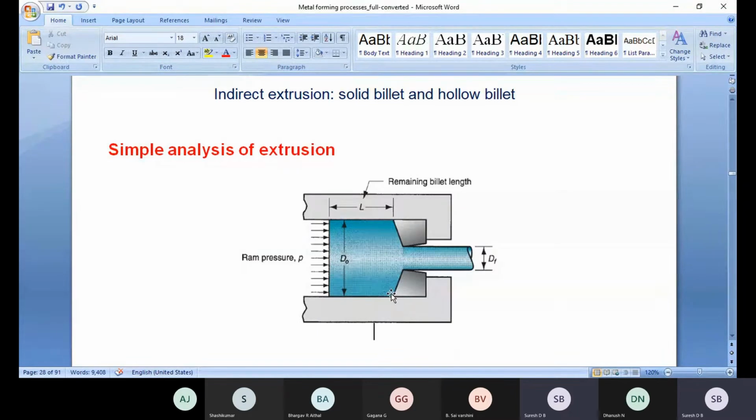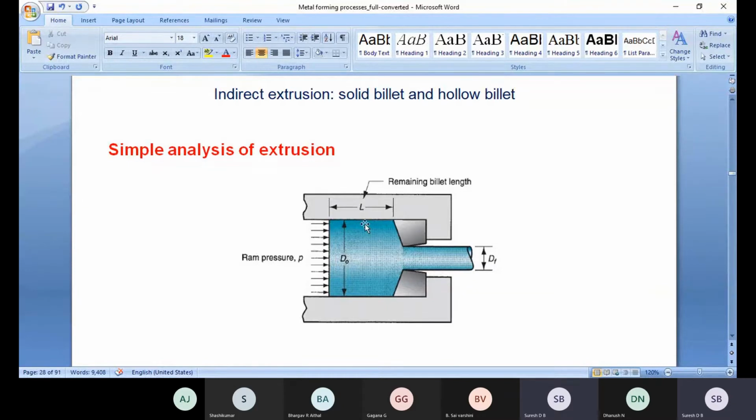What is the main reason to manufacture the dies in tapered shape? Before application of force, you fill the work billet or workpiece material inside the container. At that time you can measure the distance or length.